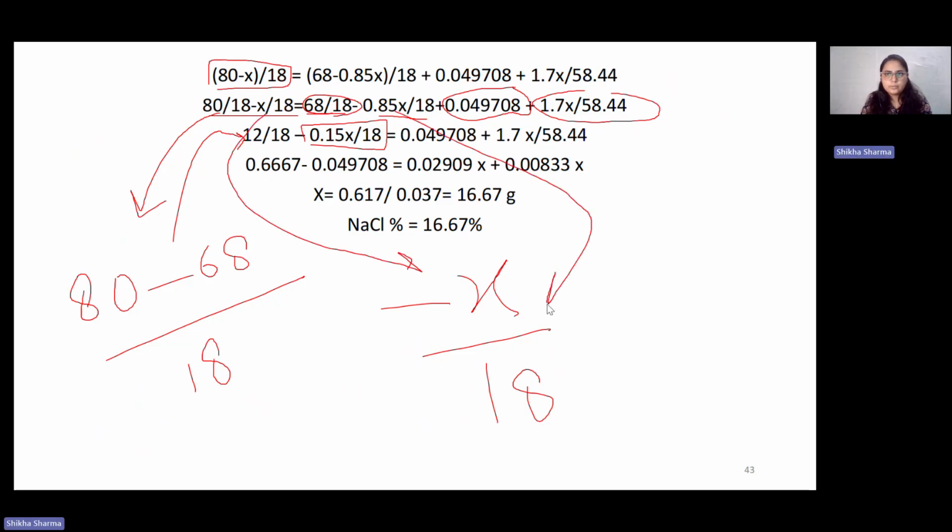Then this term will be in plus, so it will be plus 0.85x divided by 18.